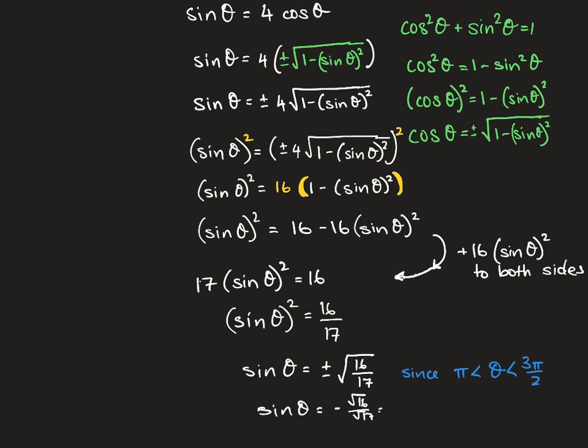Which, if you like, you can square root the 16 on top to give you negative 4 over the square root of 17. It's not absolutely necessary to do that though.